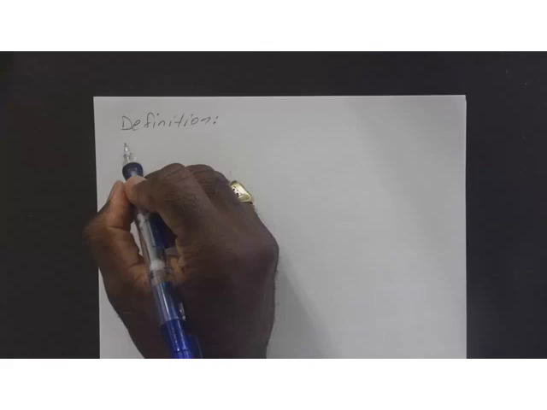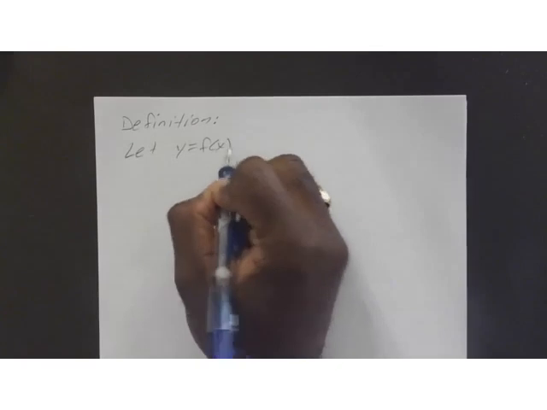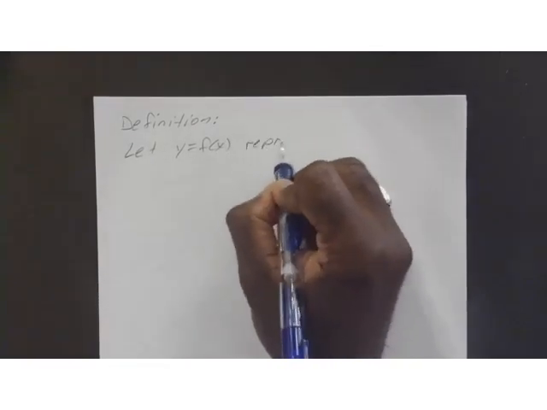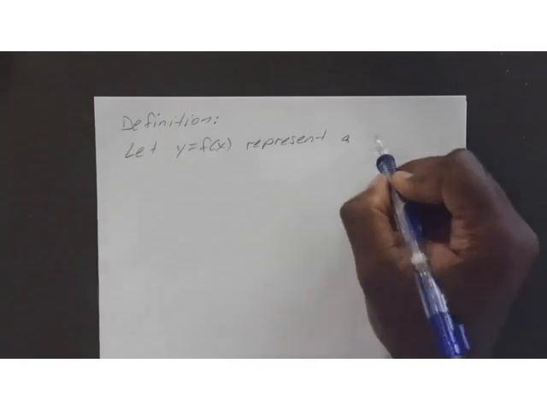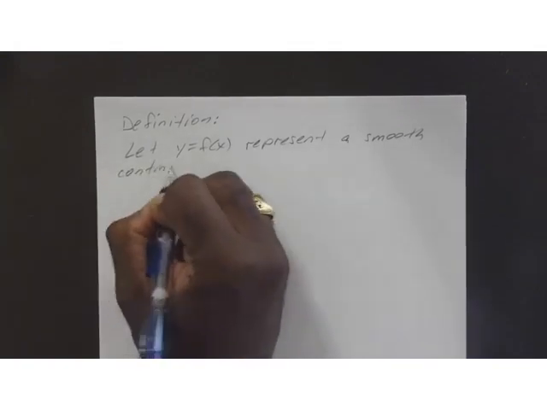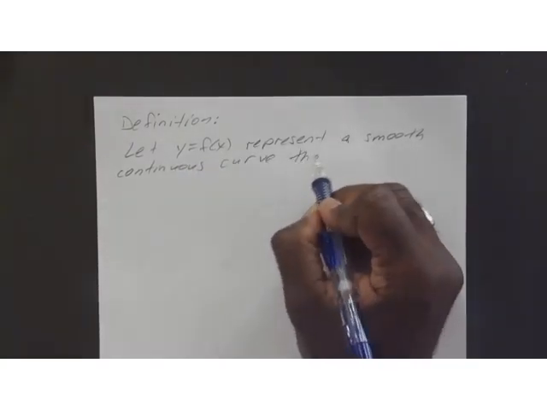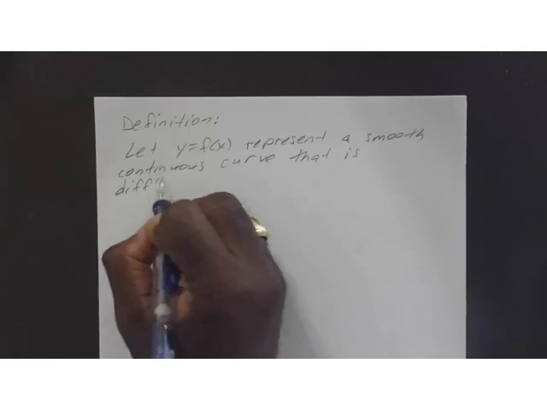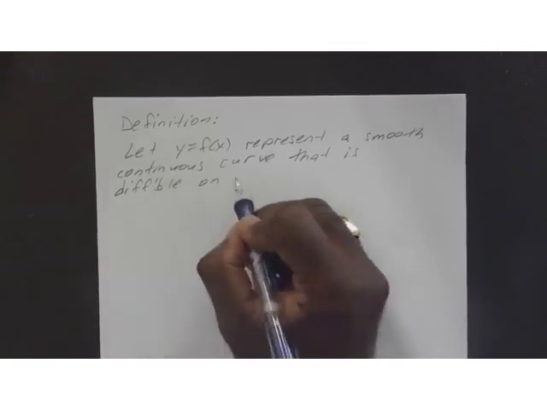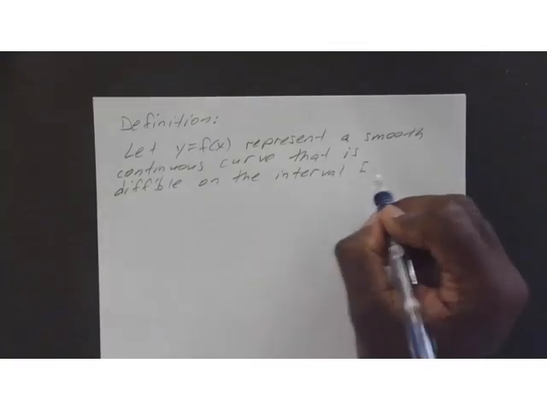So the actual definition: let y equal f of x represent a smooth continuous curve that is differentiable on the interval from a to b.